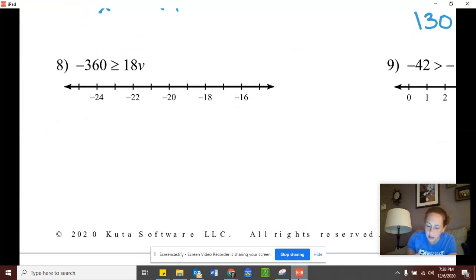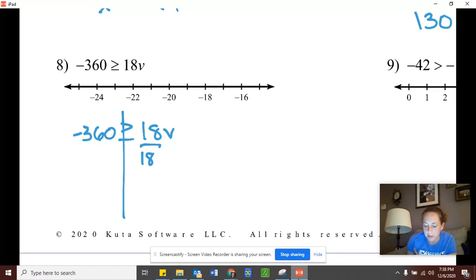So dividing. Negative 360 is greater than or equal to 18b. So to get rid of 18, I'm going to divide both sides by 18.